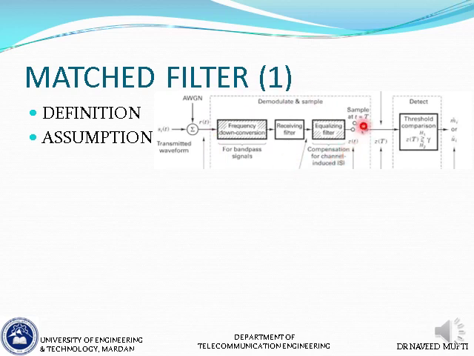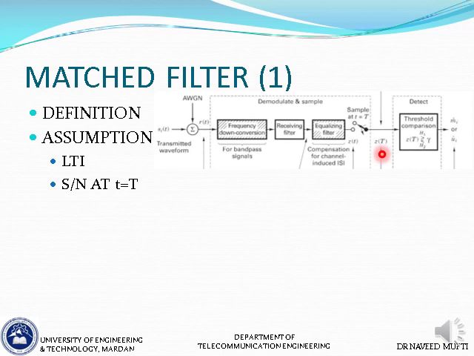So at time t equal to capital T, the sampler output Z of t consists of a signal component AI, we've done that earlier, and a noise component N naught. If we want to calculate the value of the signal to noise ratio at that time, the variance of the output noise will be the average noise power, which can be denoted by sigma naught square.